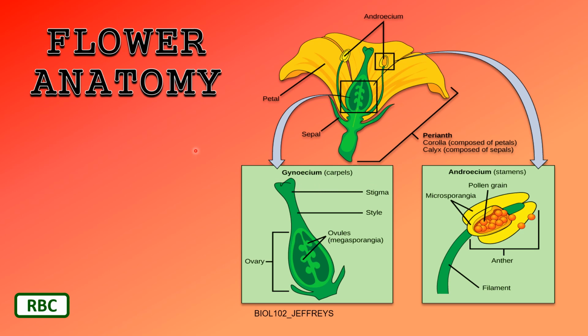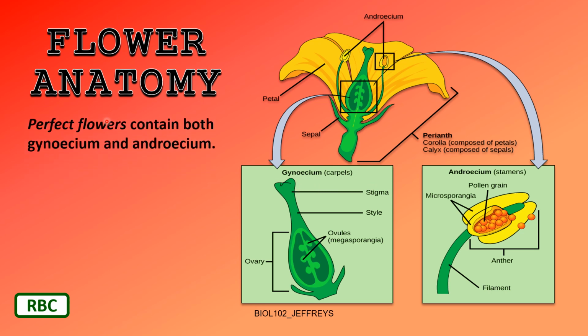Okay, flower anatomy. So perfect flowers contain both the gynoecium and the androecium, so both female and male parts, both pistils and stamens. And so here we see it.